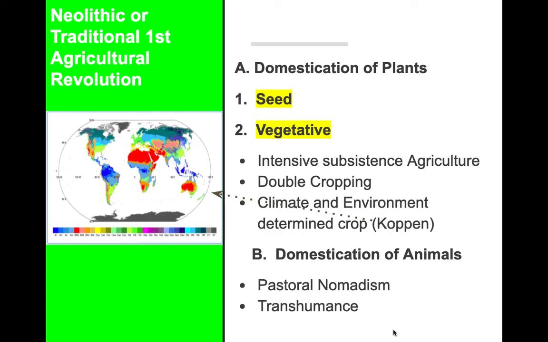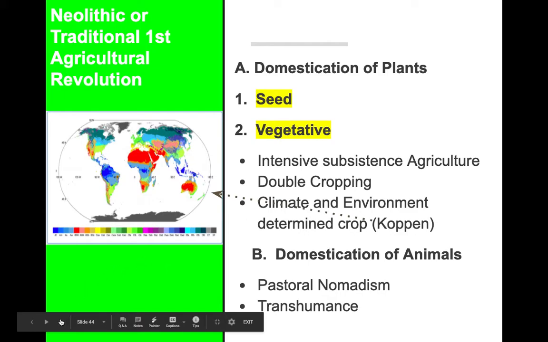Koppen said that climate determined a lot of agricultural practices, like we'll talk about pastoral nomadism in arid, desert climates, and slash and burn, which is found in tropical climates. And then rice is found in really hot tropical climates as well, or subtropical climates.